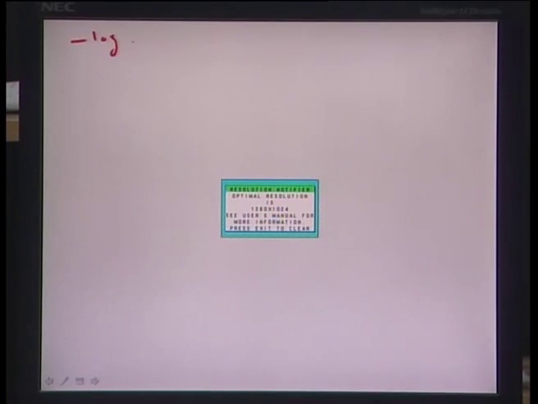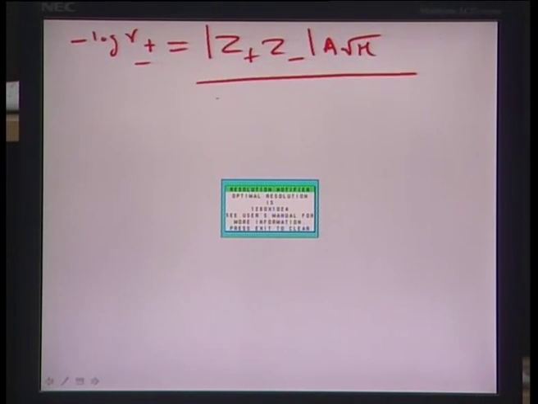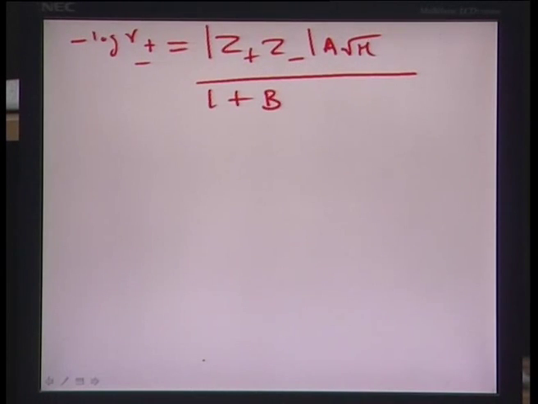So, you have minus log of gamma plus minus, right, and you can write this as |z+ z-| a times of root μ, divided by 1 plus b times of a times of root of μ.